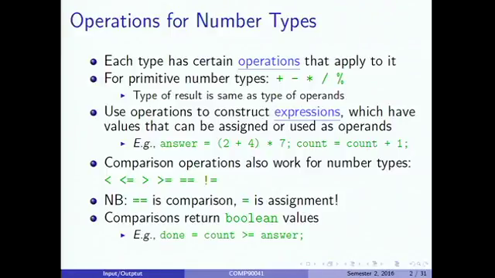What are the operations you can perform? For all six of the number types, we have the standard operations you'd expect: plus, minus, times, divide, and percent sign means modulo, or the remainder on division, if you like.